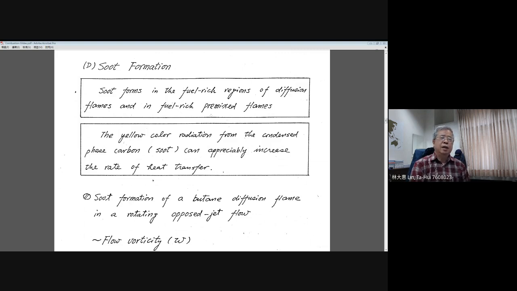Okay, this explains why we use natural gas instead of burning coal in recent years. But actually, when you burn methane, it still produces carbon dioxide. The better one is you just burn hydrogen, then you do not have carbon dioxide.